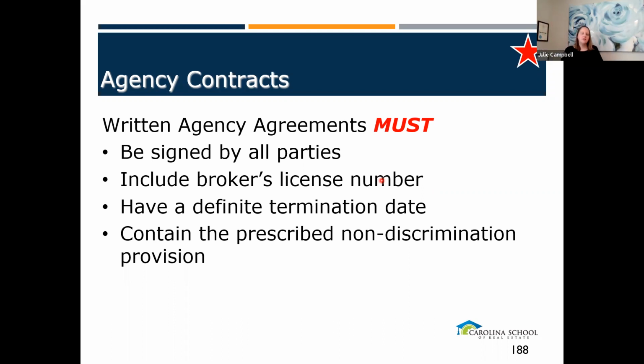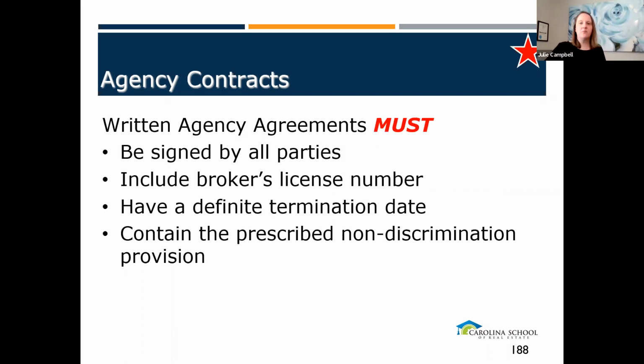So we'll see this when we look at our agency agreements. So these are the musts. In other words, you don't have a valid agency agreement in North Carolina if you don't have these things. There are other things we can add to it, of course, and we're learning more and more about those. But these are the musts.